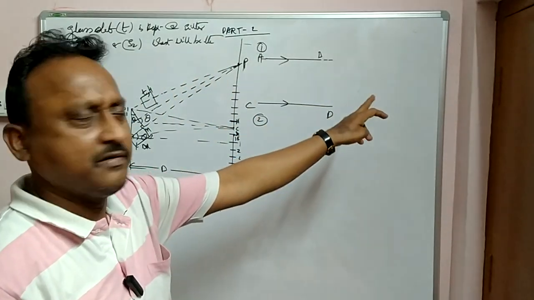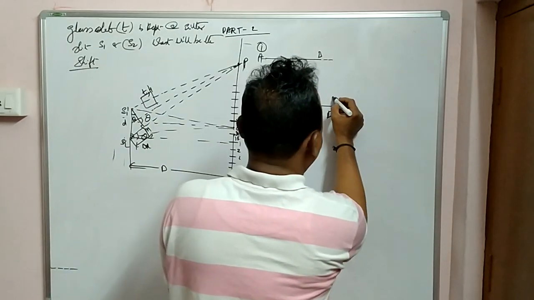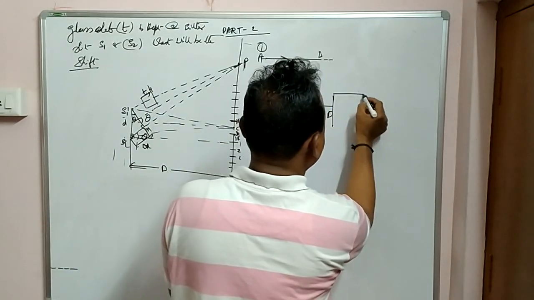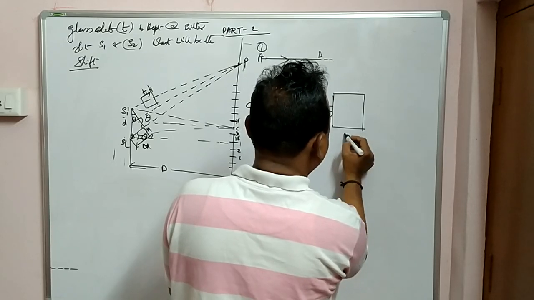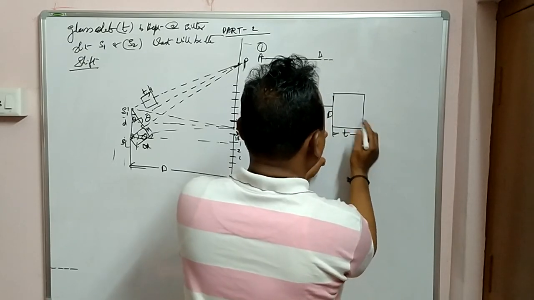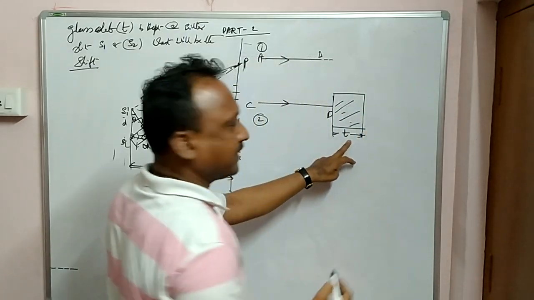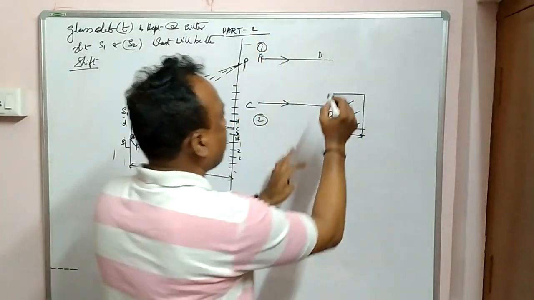AB is one light wave, CD is another light wave. For example, I have placed a glass slab here. Let the thickness of the glass slab be small t. Here nothing is there, only air column.